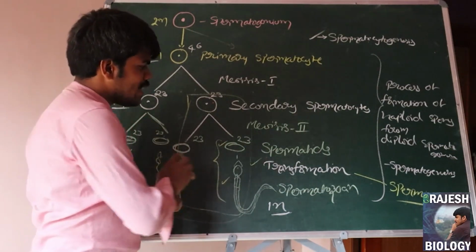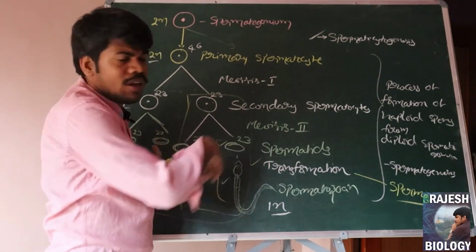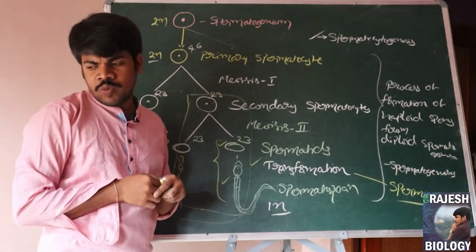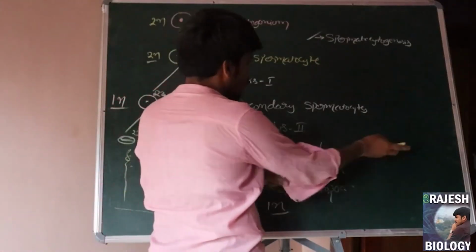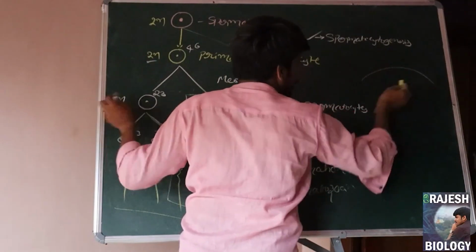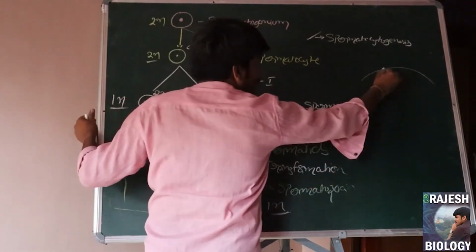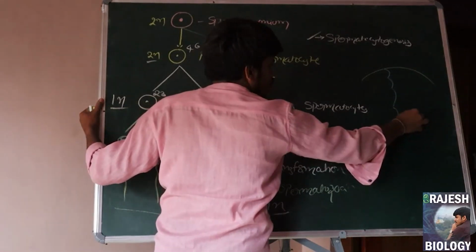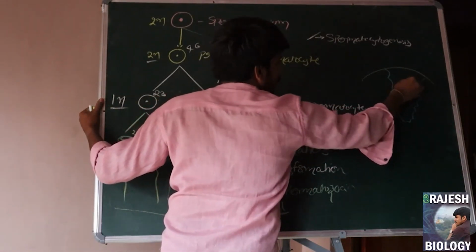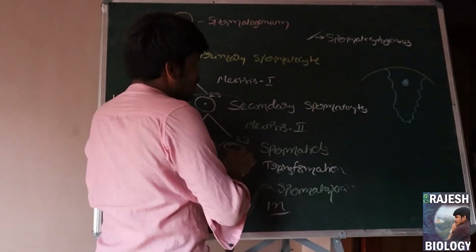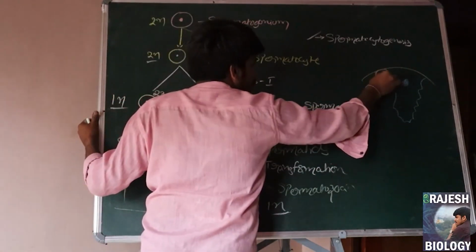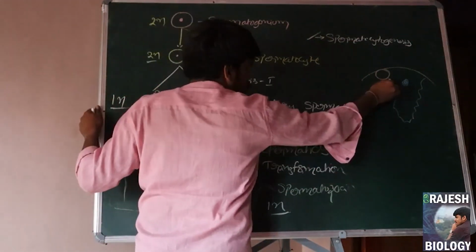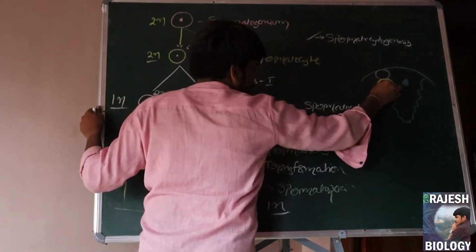Now I am going to draw the same diagram which I arranged before, and I am going to explain what happens in the seminiferous tubules. So this is the seminiferous tubule, and this is the Sertoli cell, and spermatogonial mother cells are present here, and they are transformed into the primary spermatocyte.